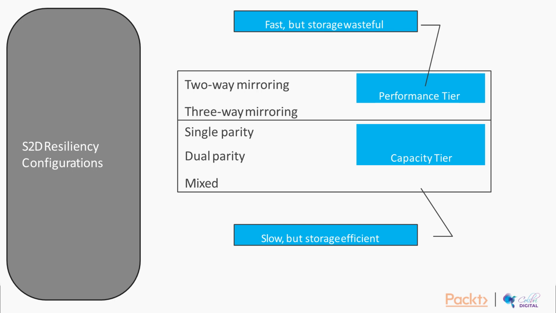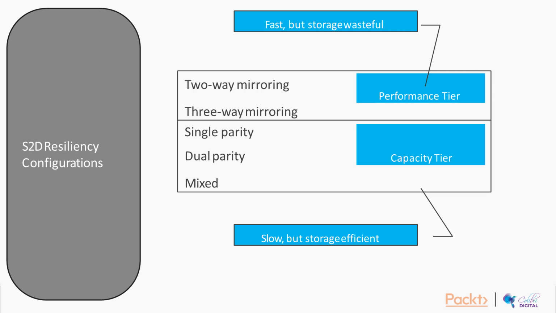Then as the data cools down and ends up being used less often, it can be shuttled back to the capacity tier, which is a bit slower because we have to calculate the parity constantly as we add and change that data, but it's far more storage efficient. You're going to end up with more storage that you're able to use in that lower capacity tier.